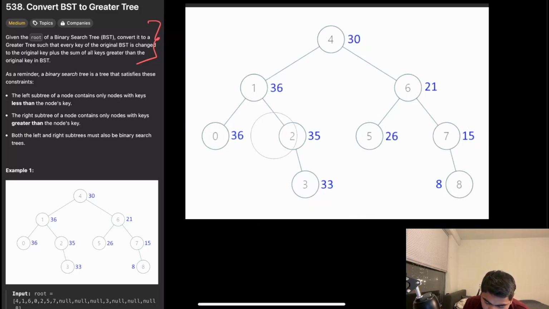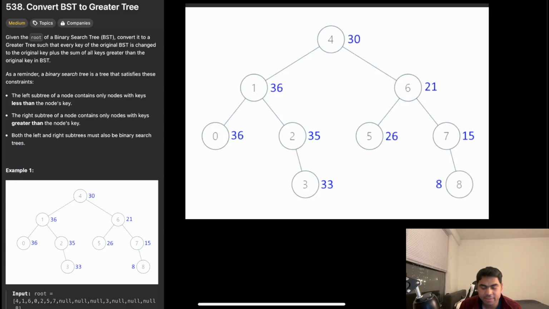So how are we going to solve it? Since it's a BST, we're going to utilize that property, and start traversing the tree from the right side, because that's where all the bigger nodes are. If I look at the rightmost node, the answer is itself, since there is no other value that needs to be added to 8.